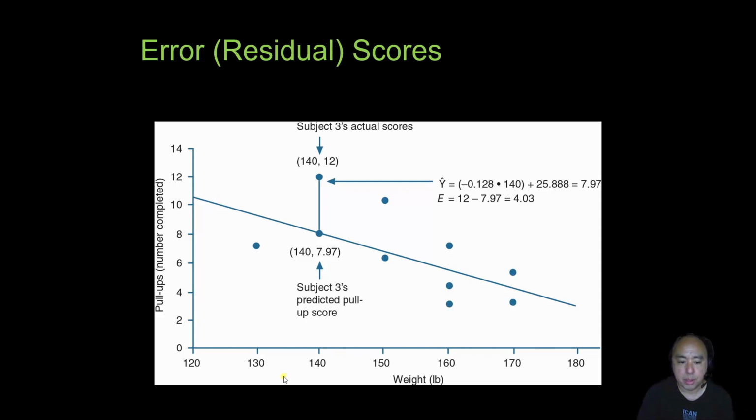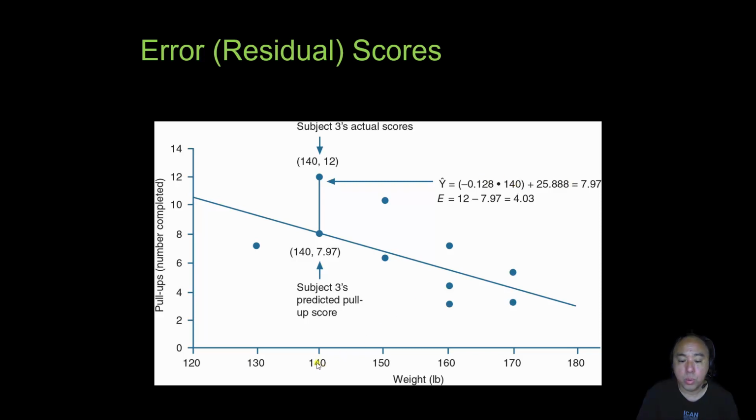So here, for example, I've got body weight on the x-axis, and on the y-axis the number of pull-ups that a person can do. I've got just a sample of, say, 10 subjects, and I came up with a regression equation that's shown here by this line, that y, number of pull-ups, can be estimated using someone's weight and this equation.